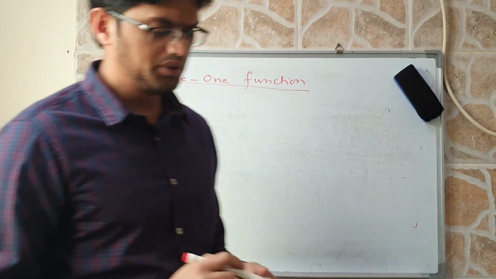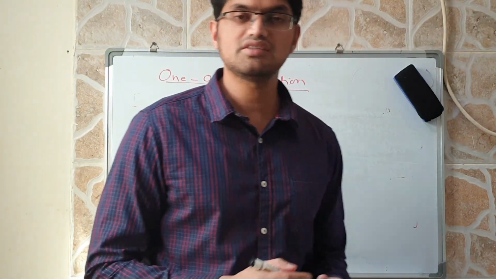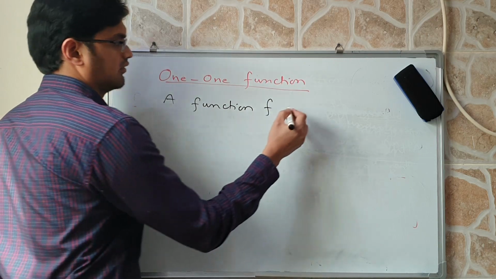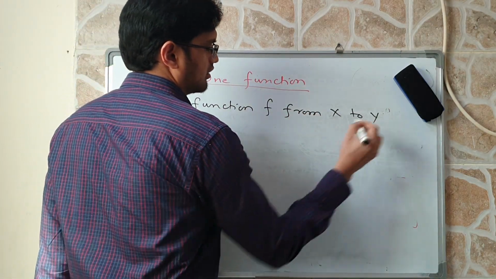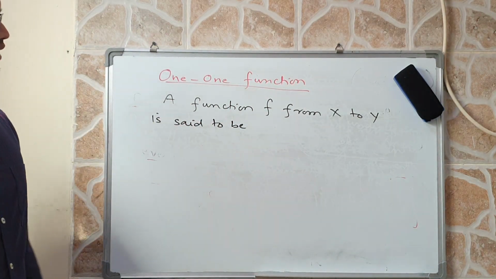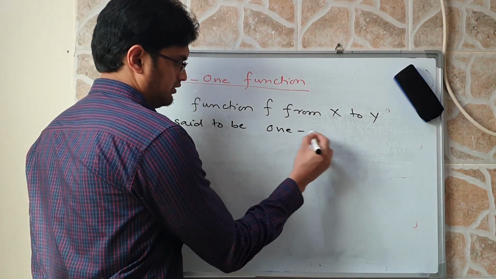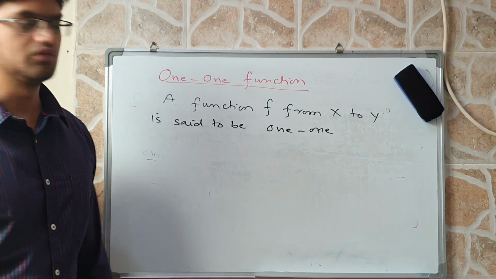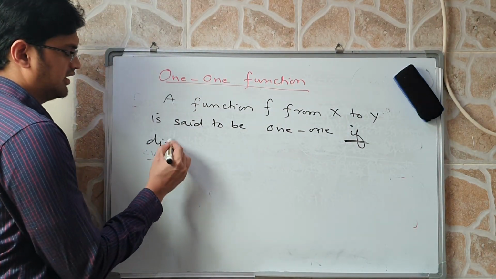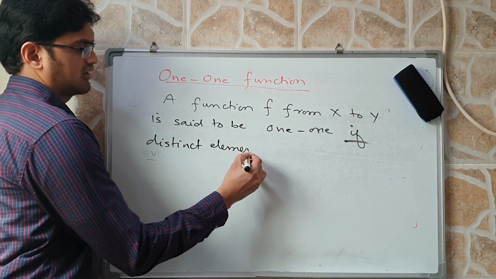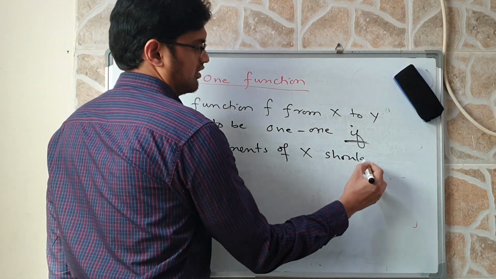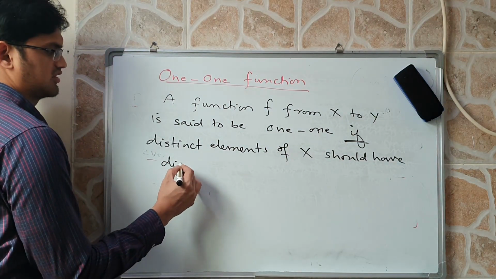Again, I don't want to write the full definition, I'll write in brief. A function f from X to Y is said to be one-one if, now here the condition starts, if distinct elements of X have distinct images.